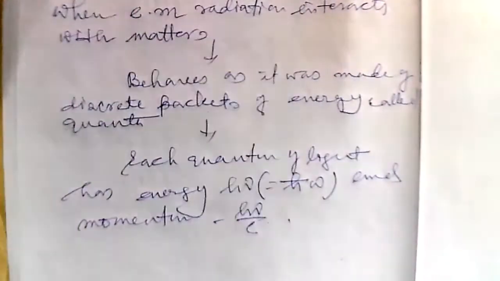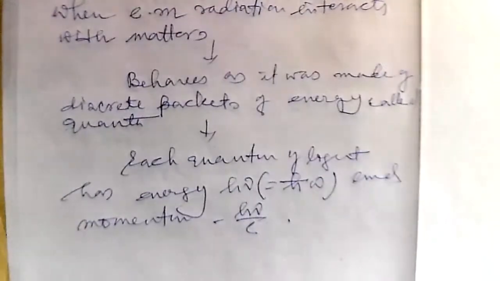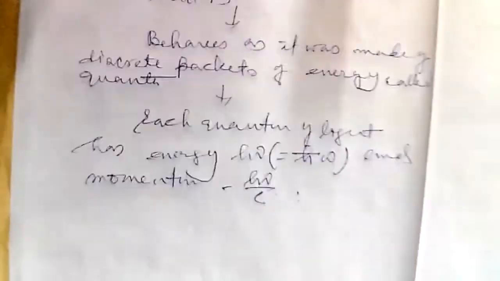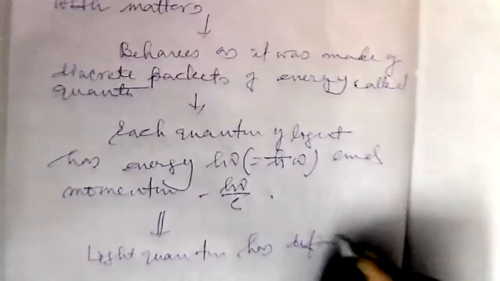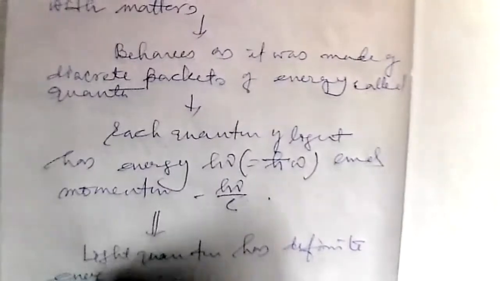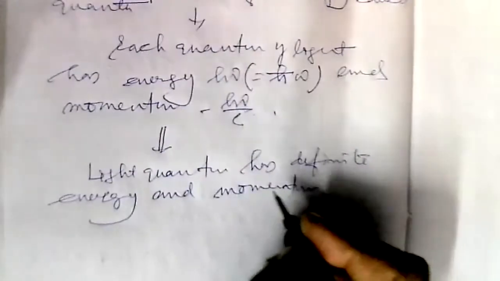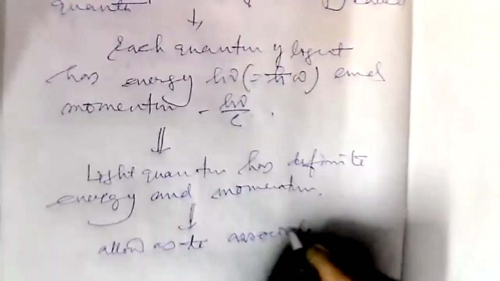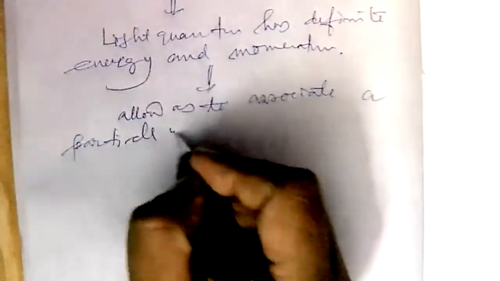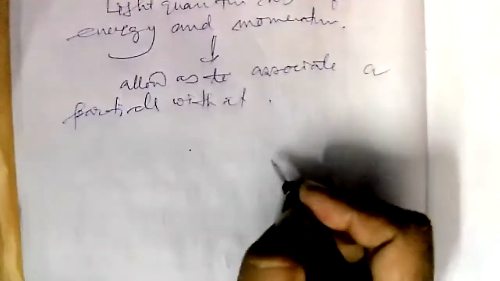The fact that a light quantum has definite energy as well as momentum allows us to associate a particle with it. So this particle was called a photon.